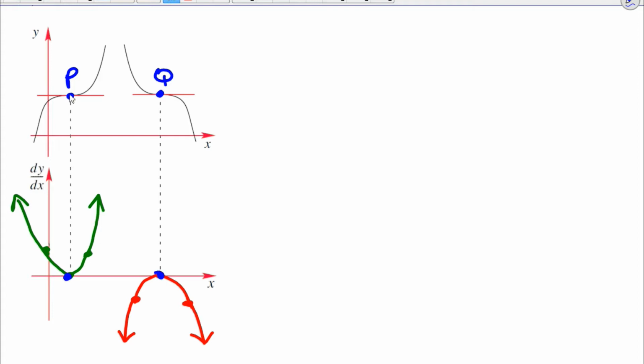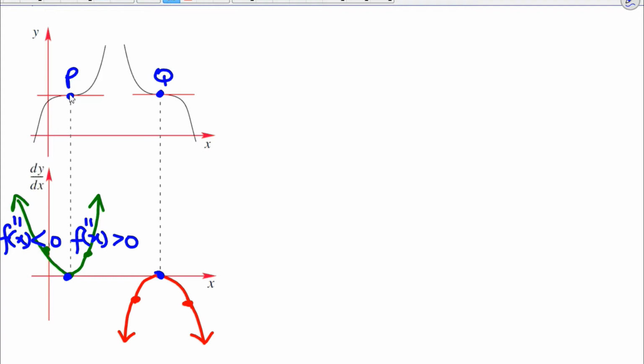Another thing is that on the left of this gradient function, we can see that the slope is reducing, which means on the left, the slope of the slope will be less than 0 because it's reducing. On the right here, the slope of the slope will be greater than 0 because it's increasing.